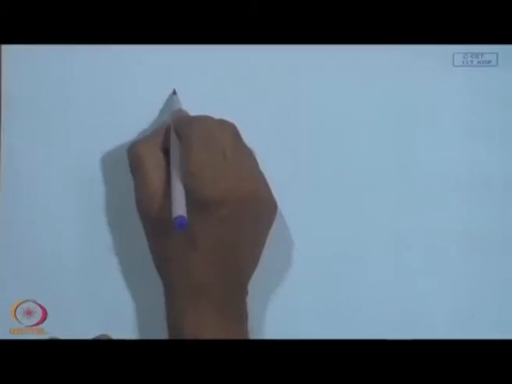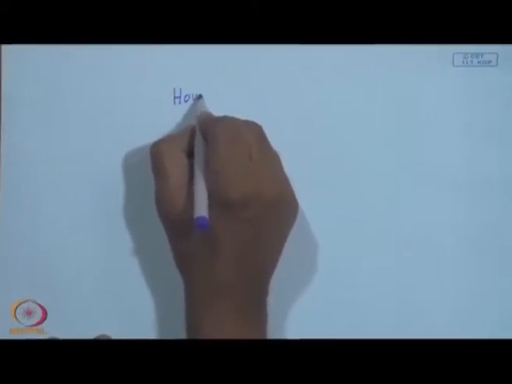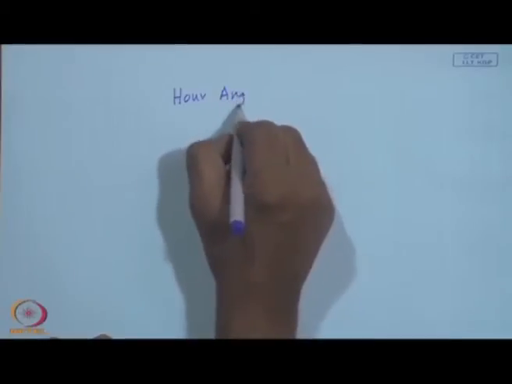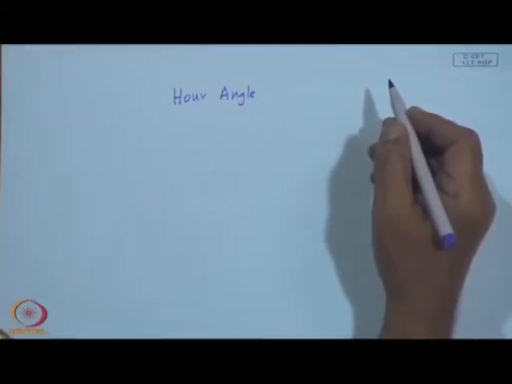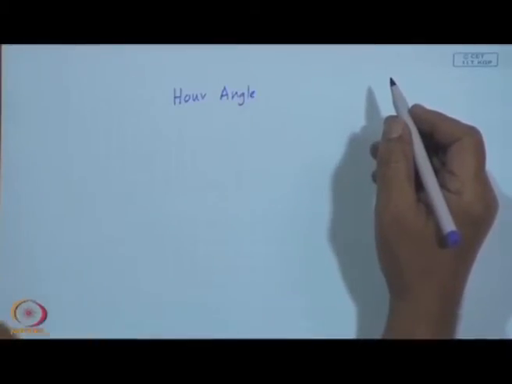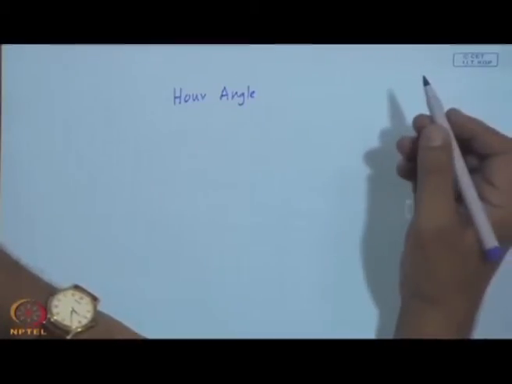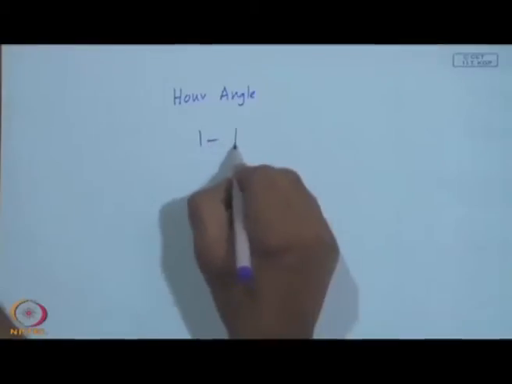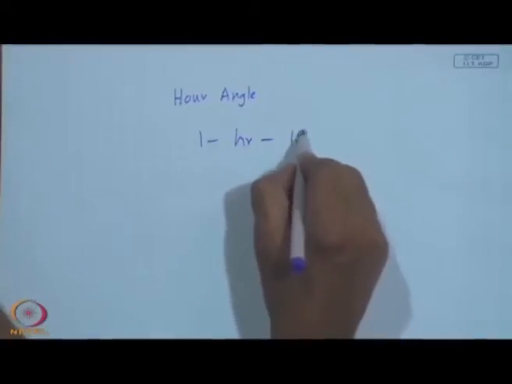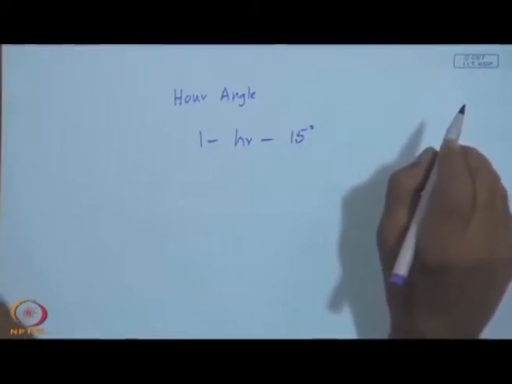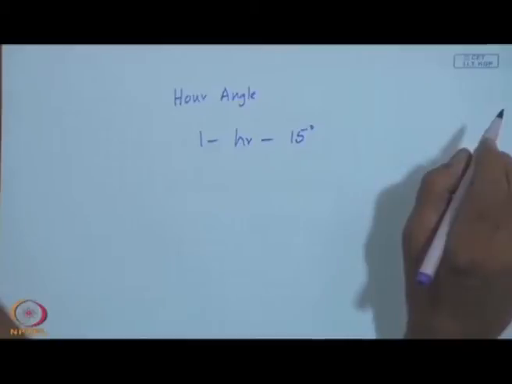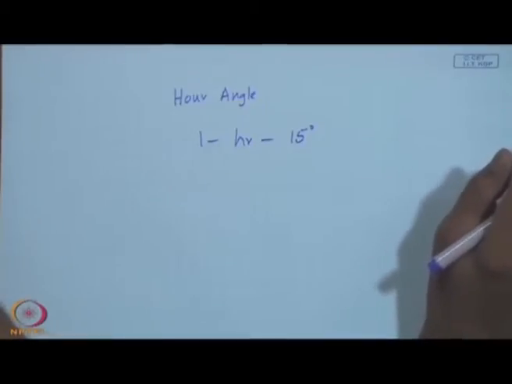So, we also define an hour angle. In other words, instead of saying 10 o'clock, 11 o'clock, 12 o'clock, we will specify it by the hour angle omega, and because it is again 24 hours for 360 degrees of rotation, each 1 hour will correspond to 15 degrees, and by notation omega equal to 0 at solar noon, negative in the forenoon and positive in the afternoon.